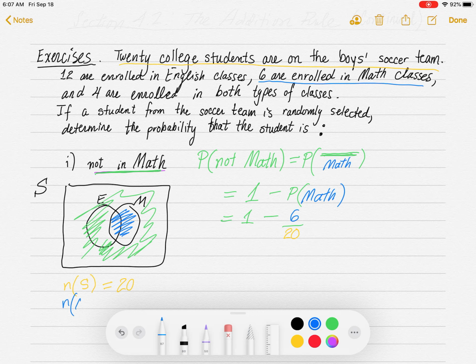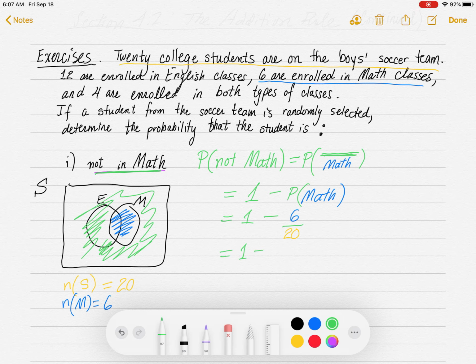And there are a number of ways to get a math student. Here was 6. So 1 minus 6 over 20. 6 divided by 20 is going to be 0.3. Right? 1 minus 0.3 is 0.7. So you have a 70% chance of getting someone who's not taking a math class here.